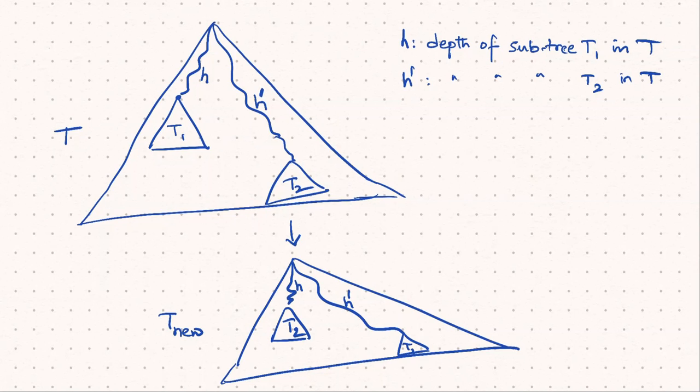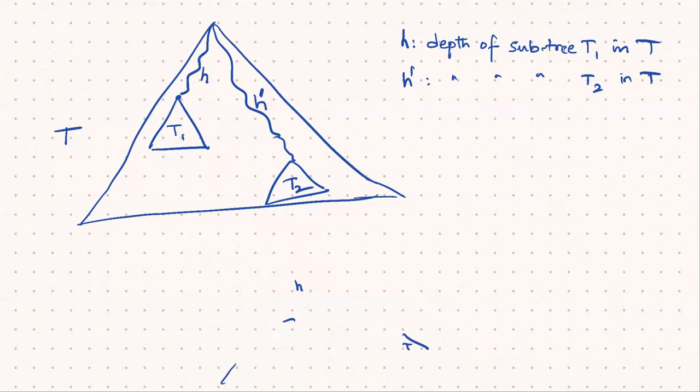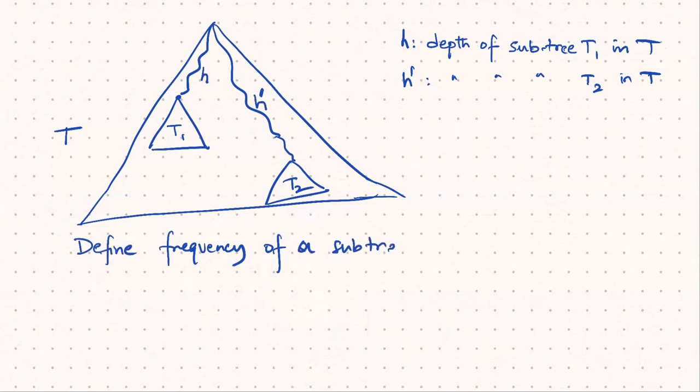Okay, so in order to compute this cost, let's define these frequencies. So we'll define the frequency of a subtree. So let's say for example, let's define the frequency of T1.